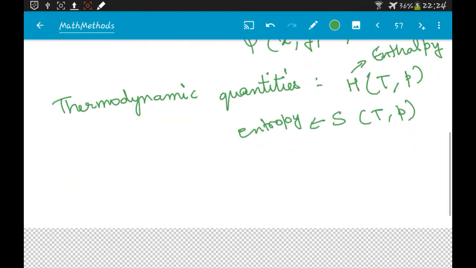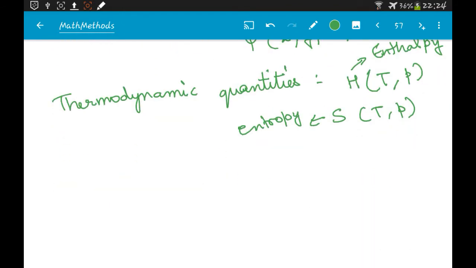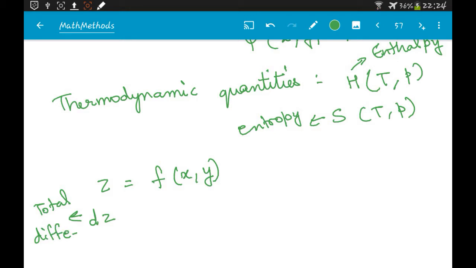So for example, what I mean by differential. If z is a function of x and y, then the total differential dz is, this we have already seen in thermodynamics, but I'm just trying to recapitulate so all of us can be on the same page.